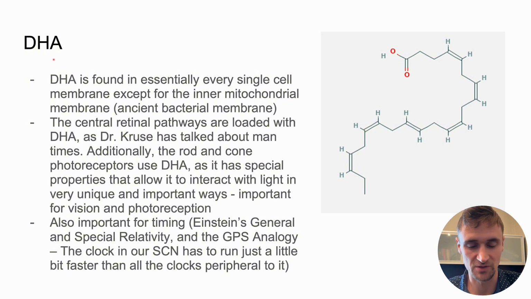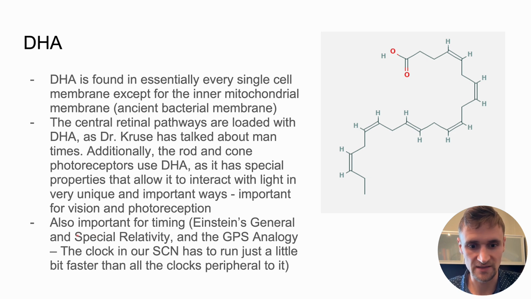So that's another additional benefit, in addition to being very important in vision, and also having unique properties, the way it interacts with light and the electrical potentials that allow it to basically be incorporated and used in vision.